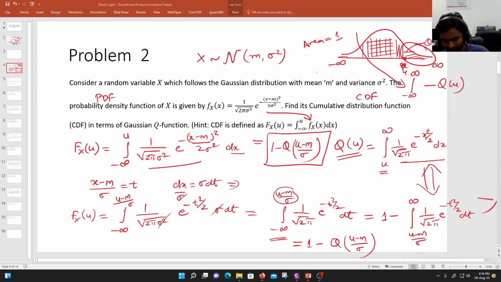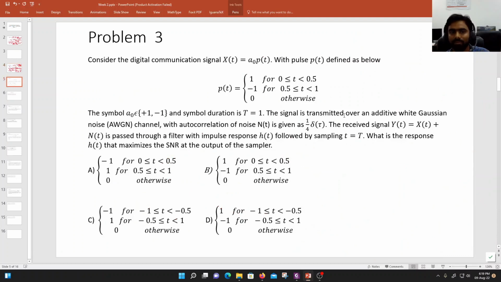Okay. Now the next problem, number 3. We are given the digital communication signal x(t) such that a0 p(t), with pulse p(t) defined as 1 from 0 to 0.5 and minus 1 from 0.5 to 1, and 0 otherwise, and the symbol a0 is given as plus 1 and minus 1 and the symbol duration is 1.